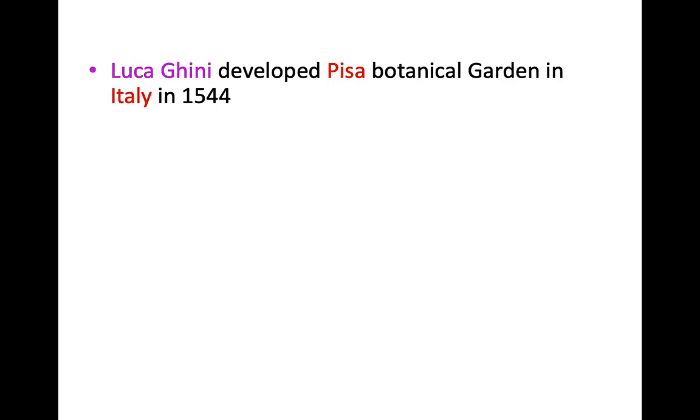He is also credited for developing Pisa Botanical Garden in Italy in 1544. This art was disseminated throughout Europe by his students. They mounted the specimens on paper and bound them into a book.